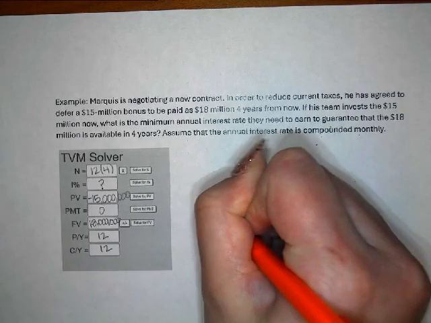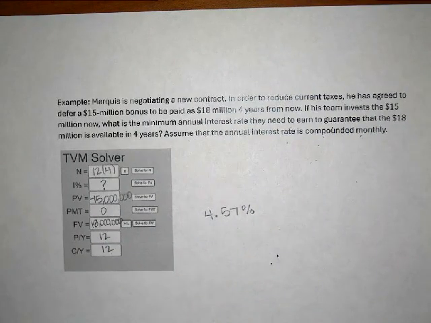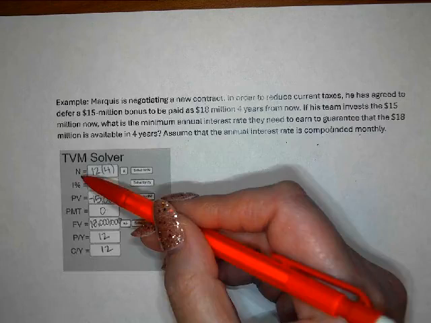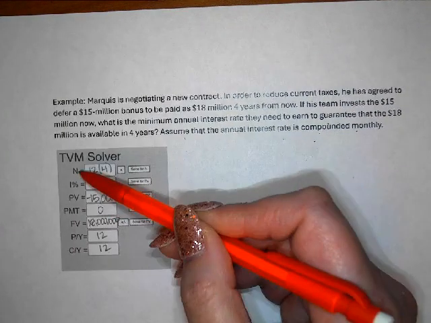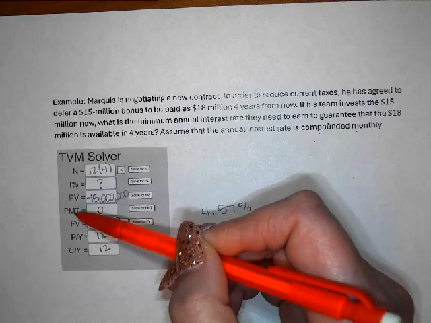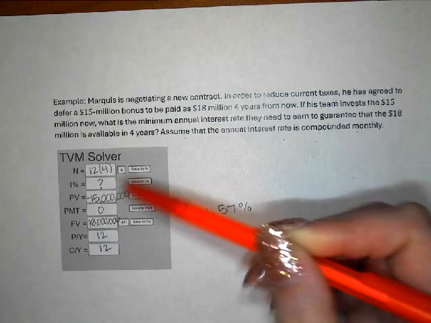All right, now to use the TVM solver for you to do math problems using this formula, what I should see is that on your notebook paper, if you were taking a test, you would write down N, I, PV, PMT, FV, P/Y, C/Y, and write down the numbers that you were plugging into the TVM solver, and then write out the answer that you got.